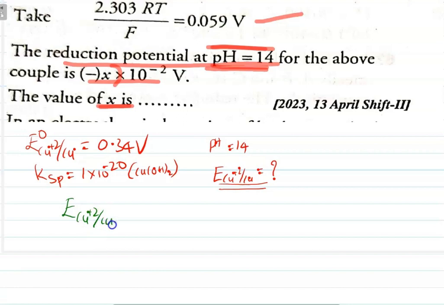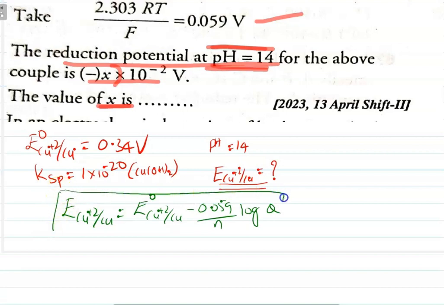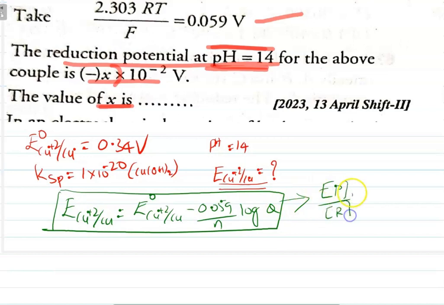E of Cu plus 2 to Cu is equal to E naught of Cu plus 2 to Cu minus 0.059 by n log Q, where Q is the reaction quotient, which is the concentration of product ions by the concentration of reactant ions, only ions, raised to the stoichiometric coefficient. So what is the reaction he has given?